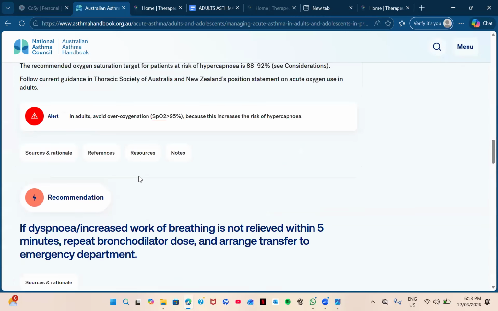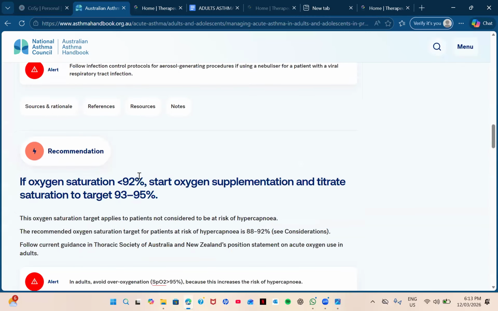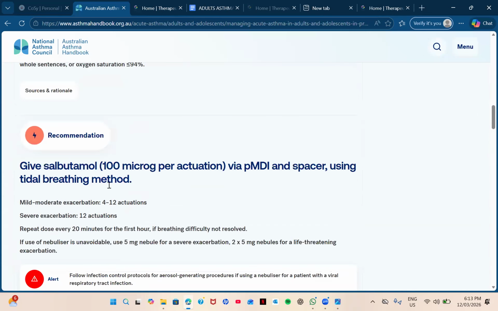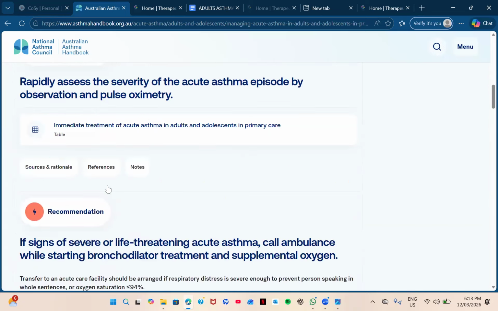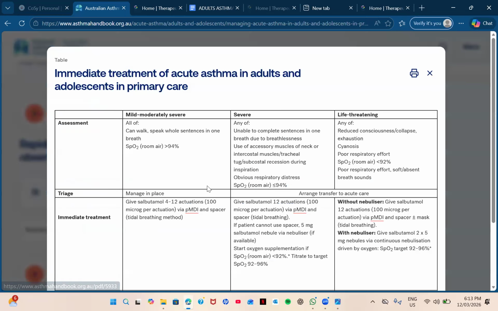I don't know why I can't find it. Okay, don't worry, I have the downloaded one. The secondary severity assessment should be there, like this. This is the immediate one.